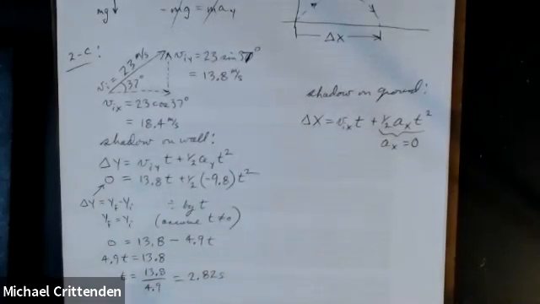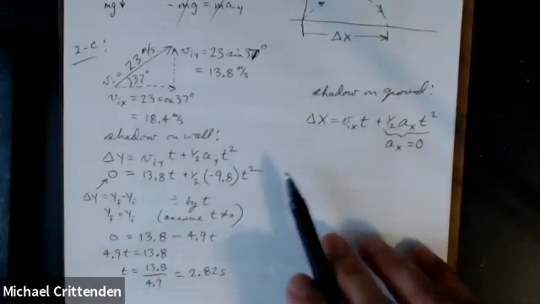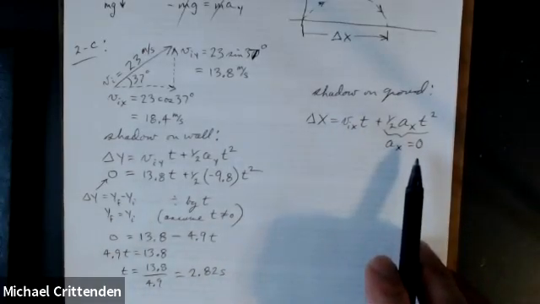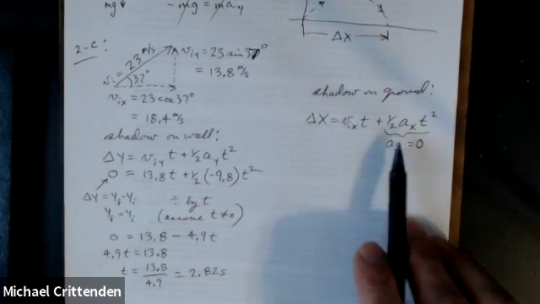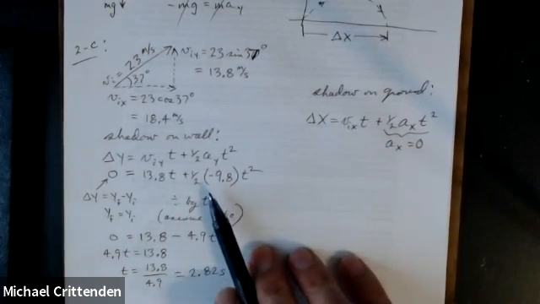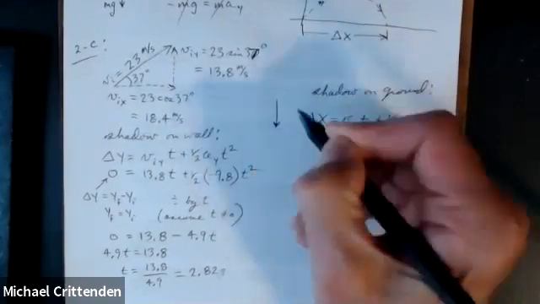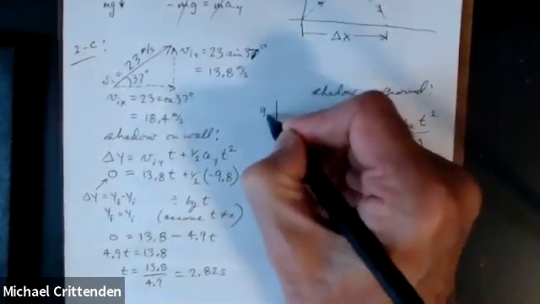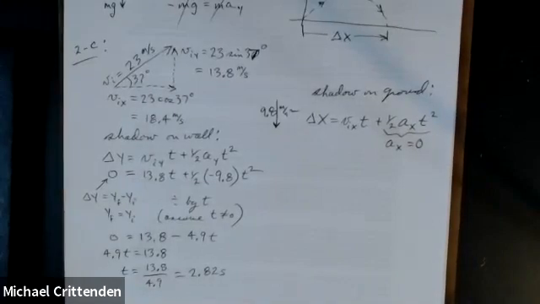Let me emphasize again, you need to think in terms of components. People get to this point in a problem like this one and they say, oh, let's see, it's a free-falling object, so its acceleration is 9.8. The acceleration vector, if you represent it with an arrow, points straight down.